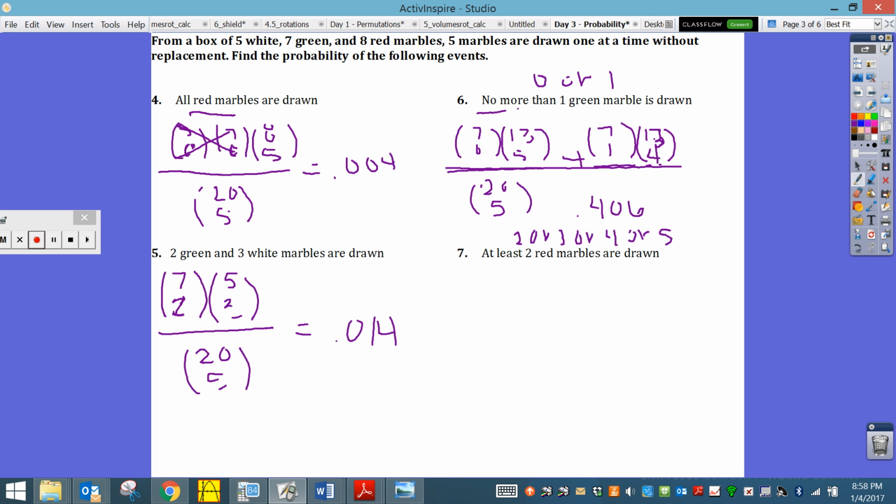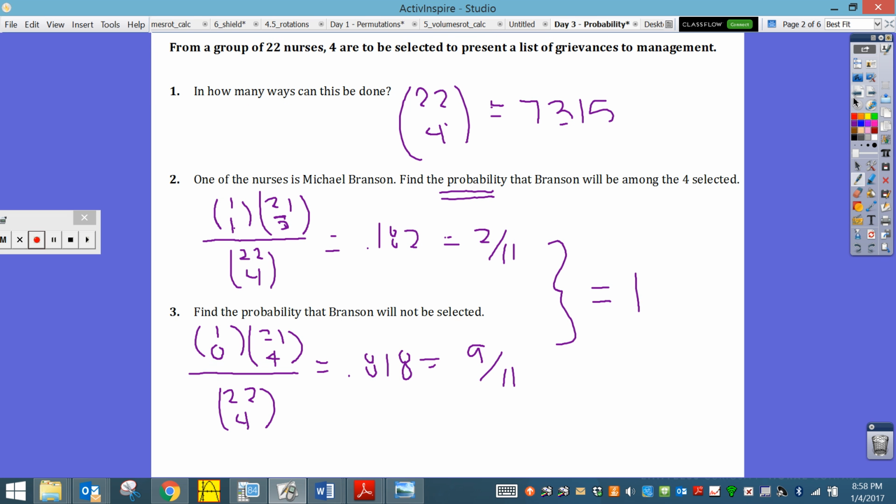So thinking about what we talked about in the previous problem, okay, with this nurse problem, we said the probability that Michael was a nurse or was picked was 2 out of 11. Probability that he wasn't was 9 out of 11. And that always equaled 1.